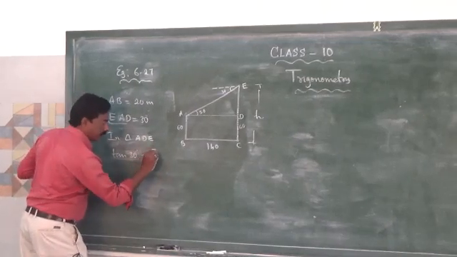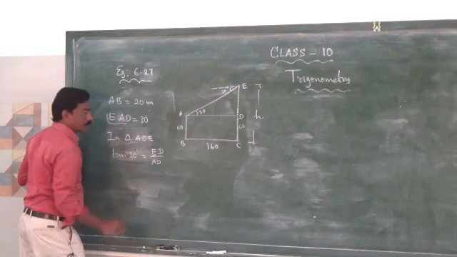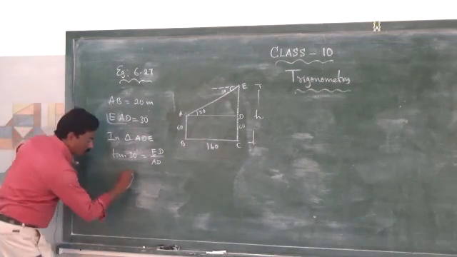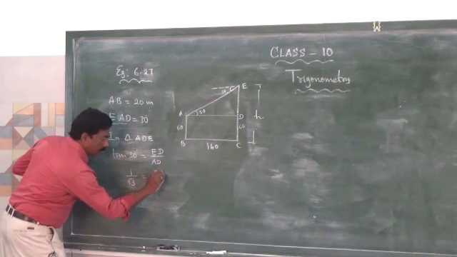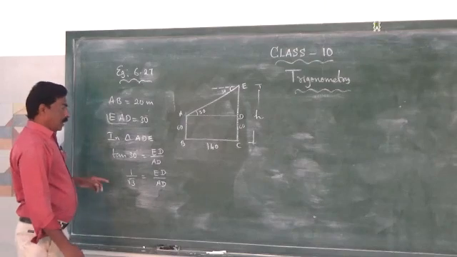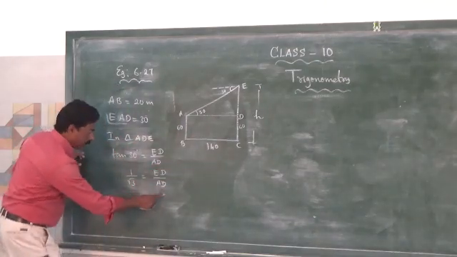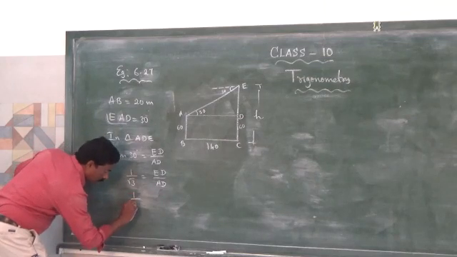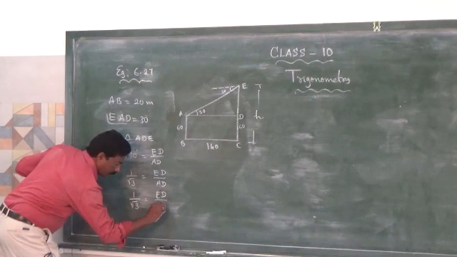Here opposite is ED and adjacent is AD. Tan 30 we know is 1 by root 3. So 1 by root 3 is equal to ED by AD. And AD and BC are equal. So AD value is given, that is 140, so 1 by root 3 is equal to ED by 140.